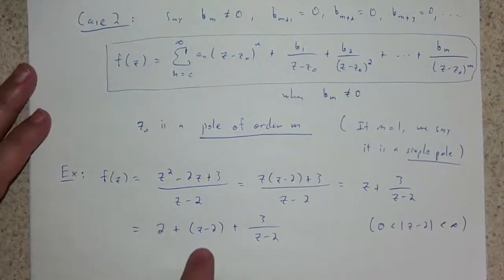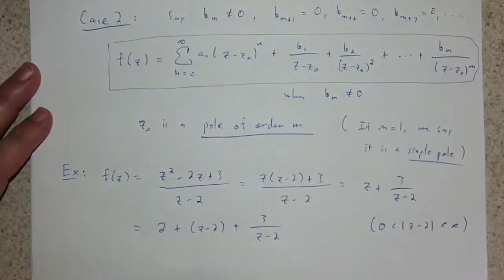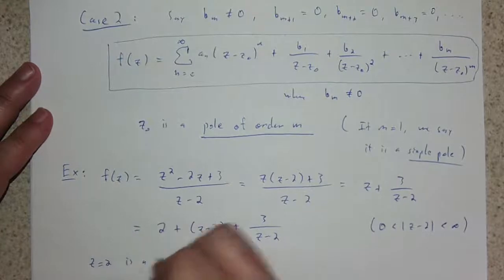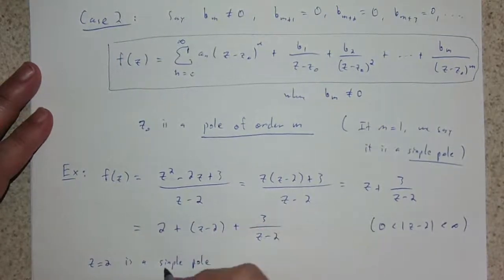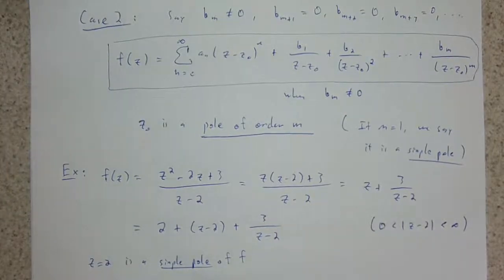Well, since I can write f of z as a Laurent series expansion, where the highest index here is the first power of z minus 2 in the denominator, so it's the minus first power here, then z equals 2 is a simple pole of f. That is a pole of order 1.